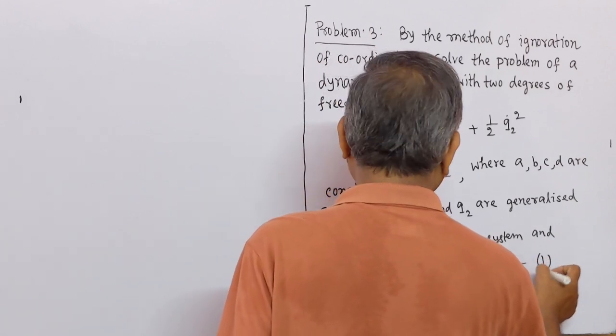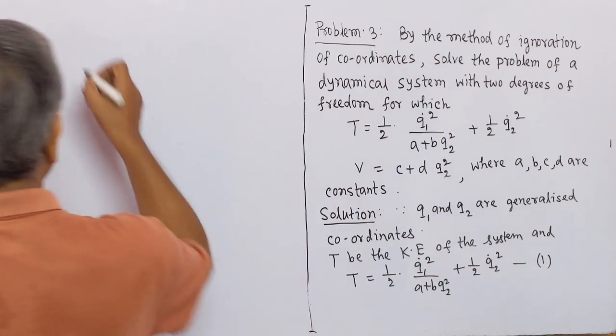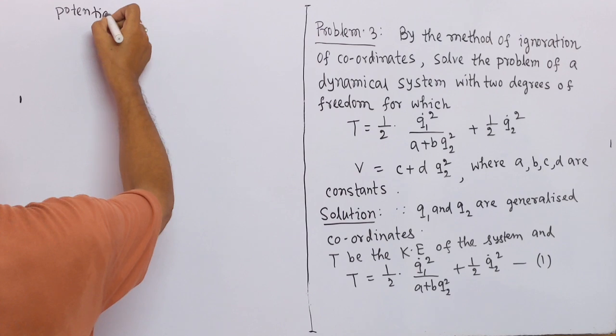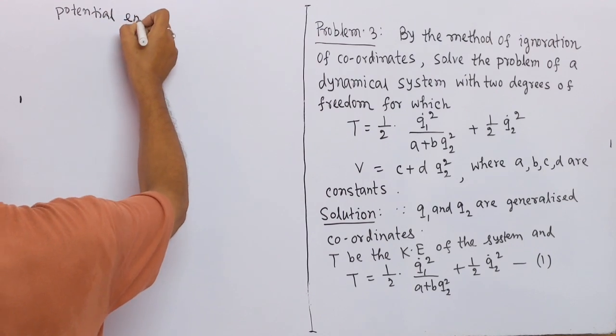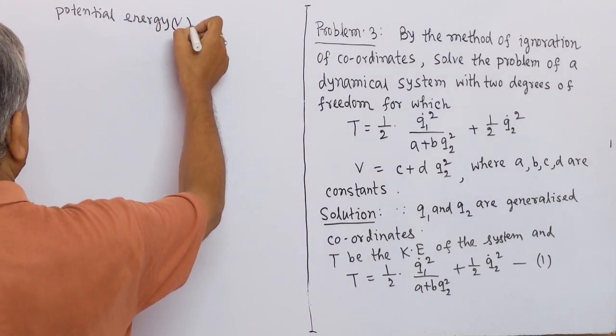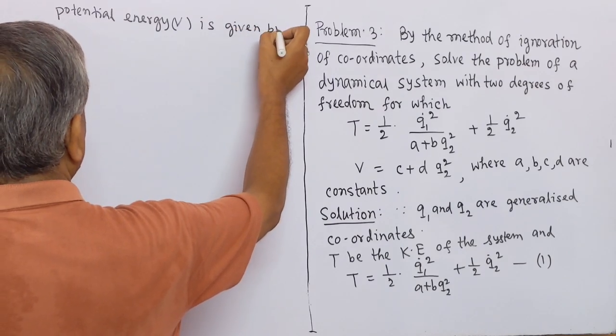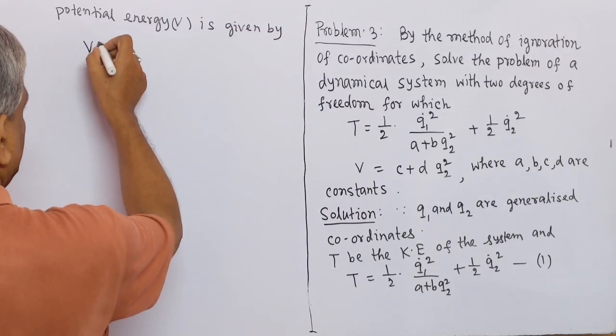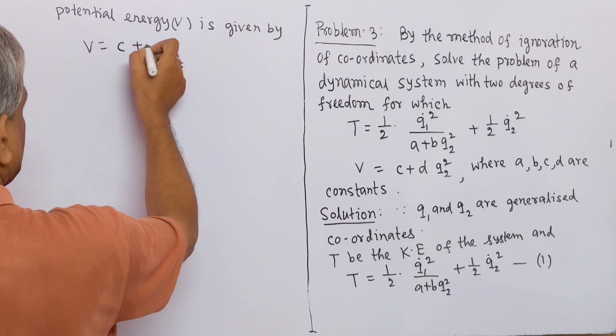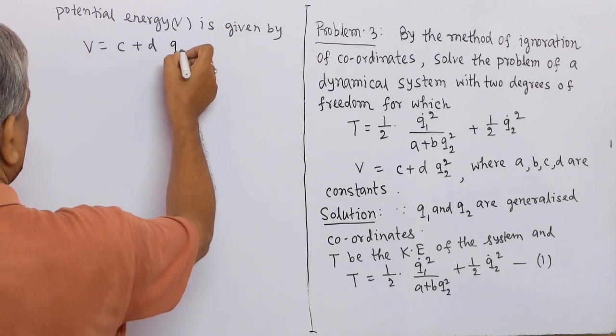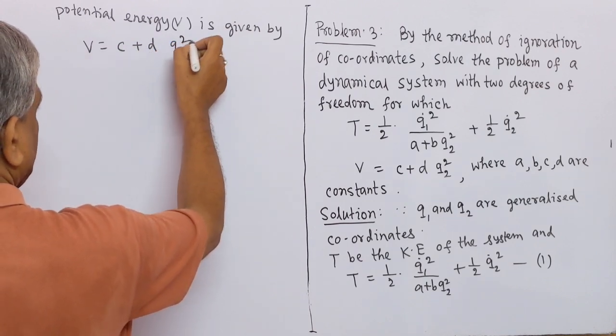This is number 1. The potential energy V is given by V equals C plus D Q2 square.